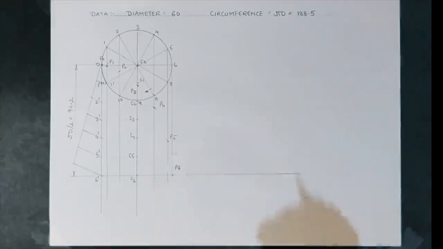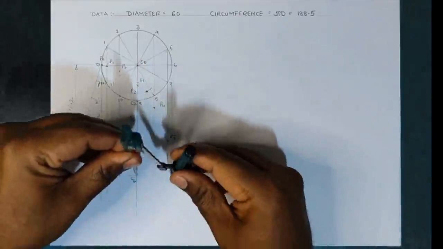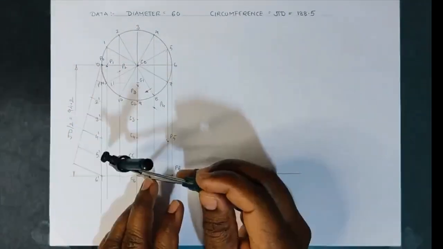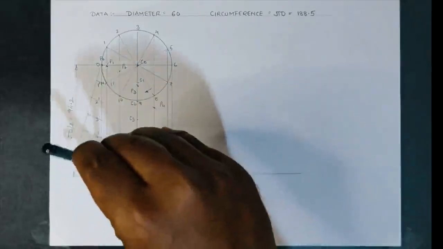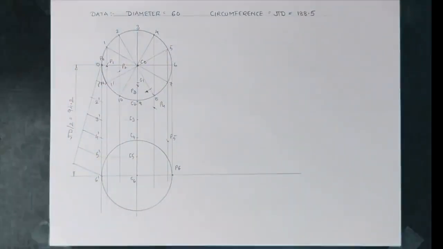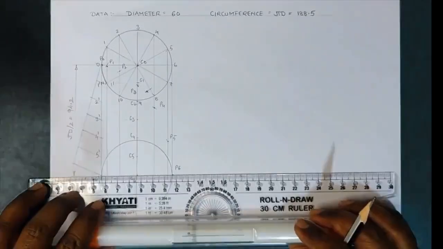Now I need to find the points for the horizontal rotation. So what I do is draw a circle again of the same diameter, that is 60 mm. And by using the previous construction lines, I'll be dividing the circle into 12 equal parts.